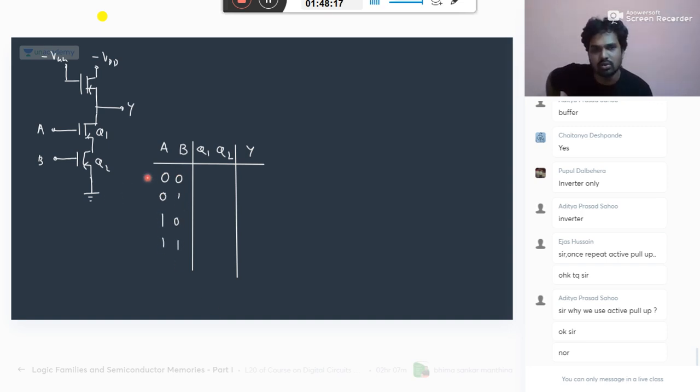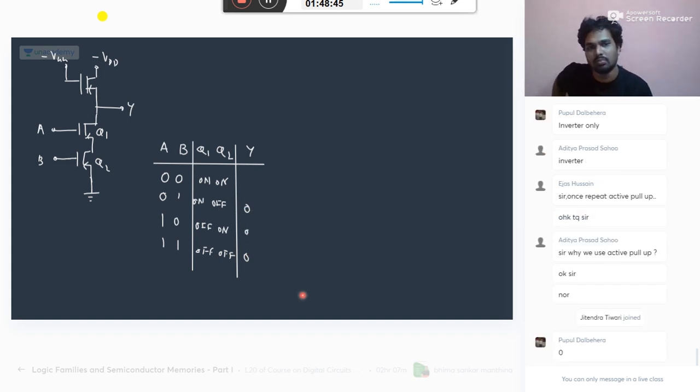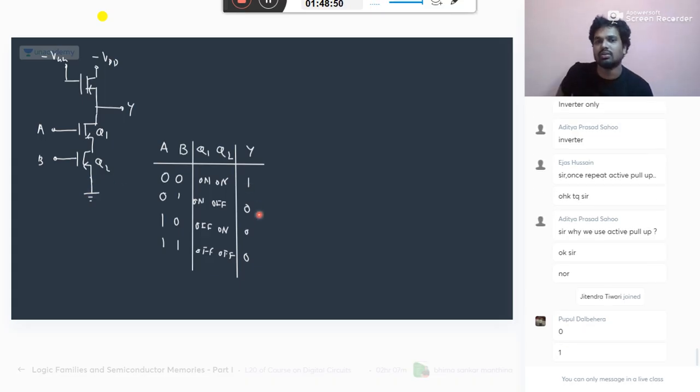If it is 0, I already told you 0 is on, 1 is off. If any one of them is open circuit in the series, the overall circuit is open, then you get minus VDD. Minus VDD means 0. When both are on, both will be short circuited. I will get 0 volts. 0 volts means 1.